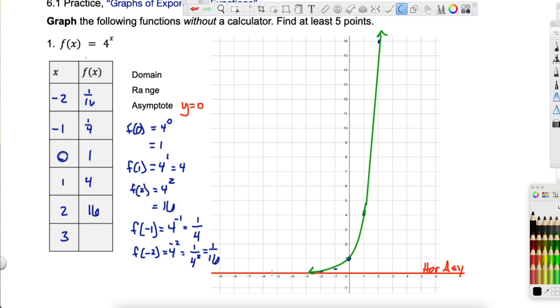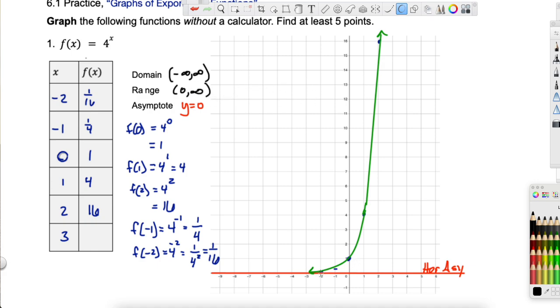We can see this is going to go increasingly to negative infinity, and this will go to positive infinity. So our domain is going to be -infinity to infinity. And I used parentheses here, not brackets. And our range looks like we're going from 0, not including 0, all the way to positive infinity.